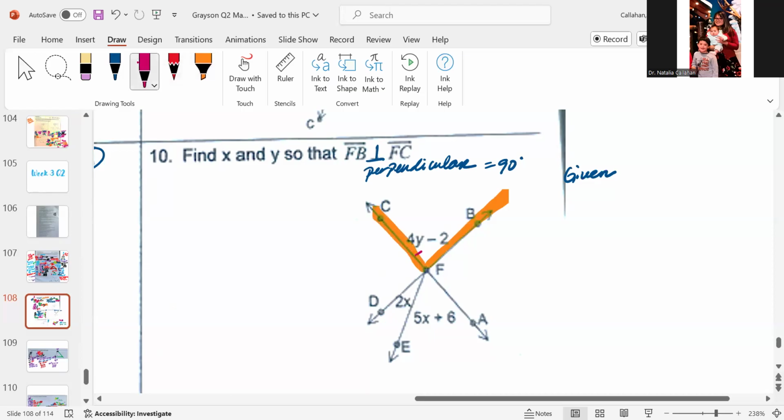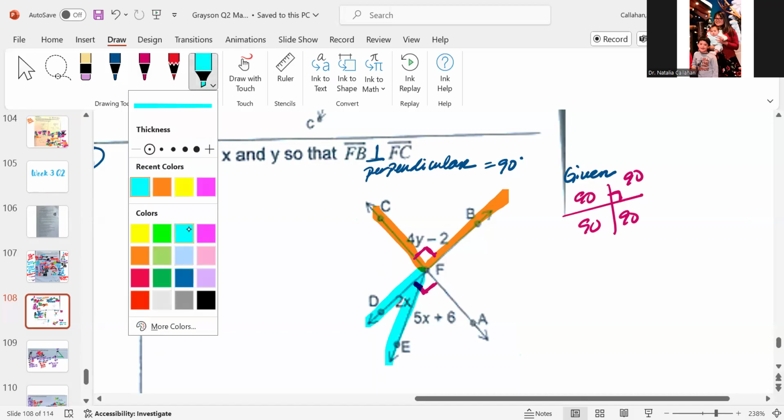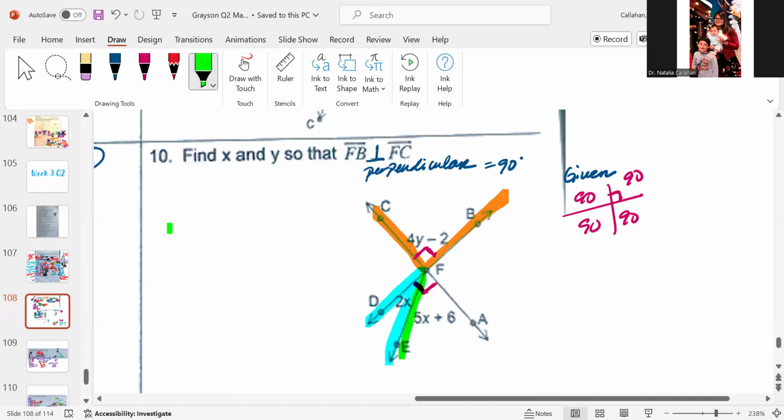It's saying that this angle right here is 90 degrees. Well, didn't I just say if this angle is 90 degrees and this angle is 90, 90, 90, all four corners are 90. Do you see that? And then also this angle right here. Do you see how this corner right here has this blue angle and there's this green angle? Do you see how the blue angle plus the green angle is also 90 degrees?